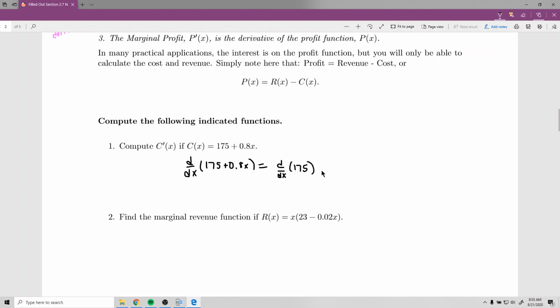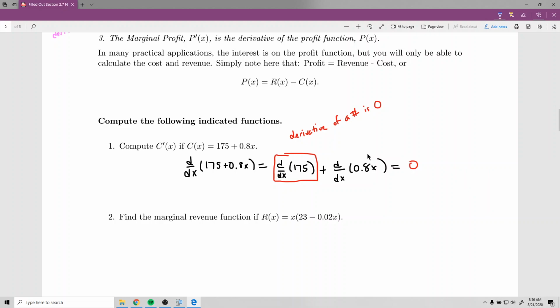We do the derivative of 175 plus the derivative of 0.8x. And the derivative of a number is 0. Just one more reminder on that from last section: the derivative of a number is 0.